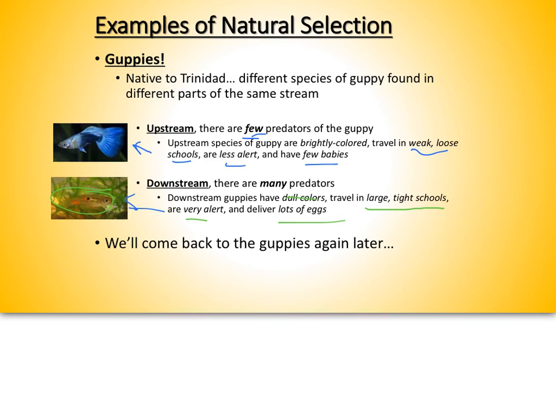So these two groups of fish have adapted, right? They've become different things to fit their environment, because these guys are high fitness where there's lots of predators, but these guys are high fitness where there's not very many predators. And think about what happens if you alternate this. If you were a drab guppy in an upstream population, you are not sexy, right?